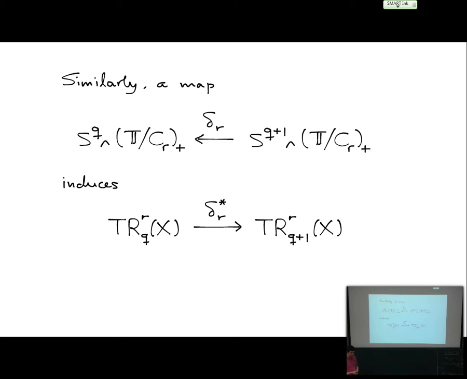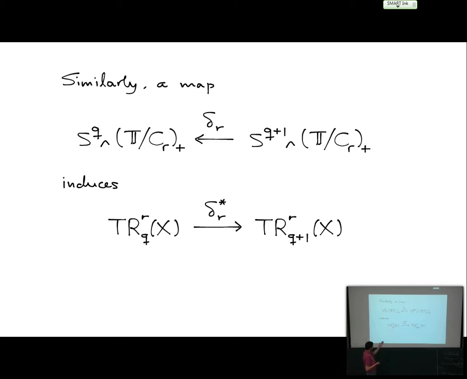I think I only know it as being well defined up to homotopy. Yeah. So there's also a map like this, which basically is the action of the circle.